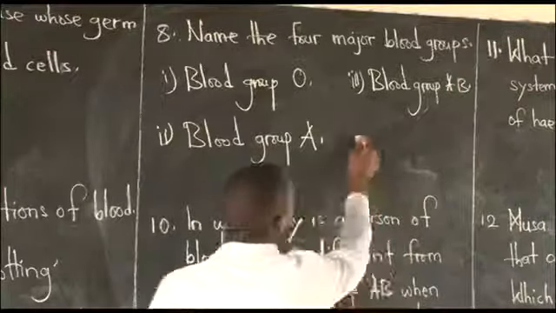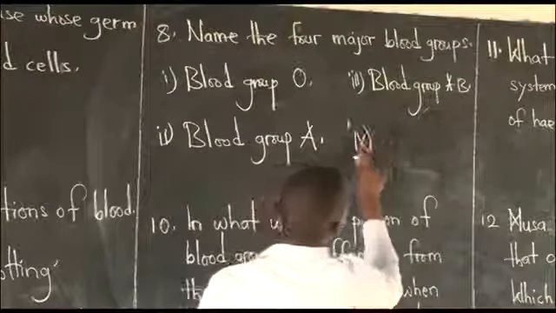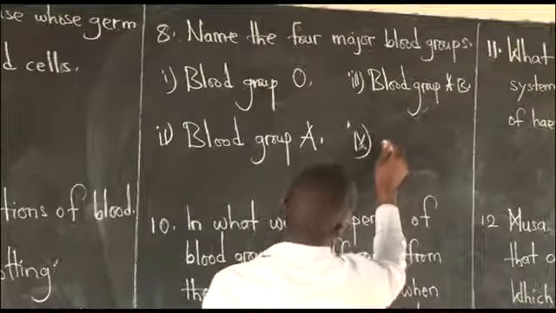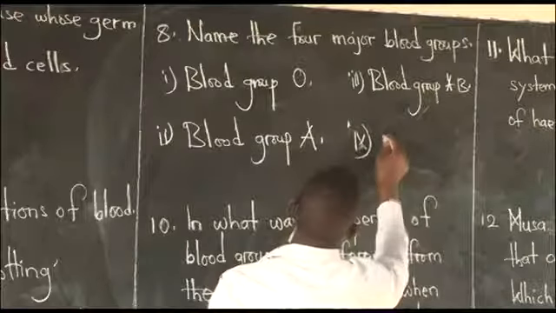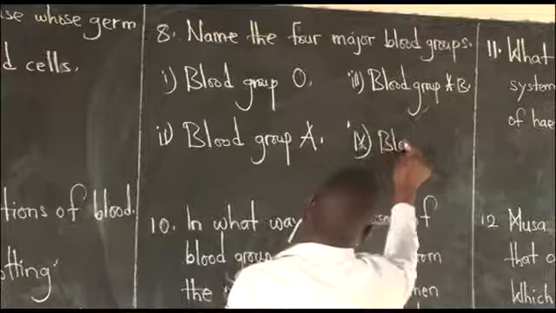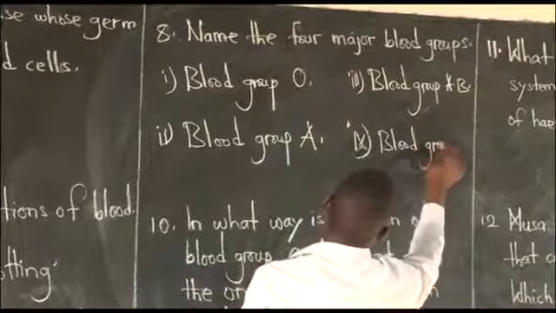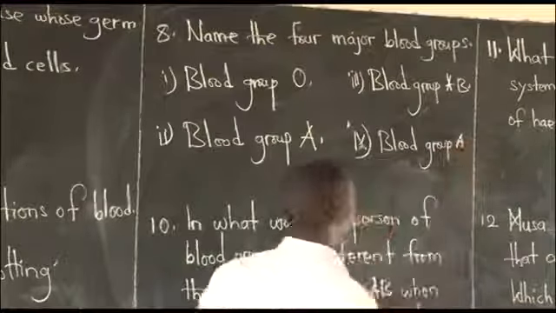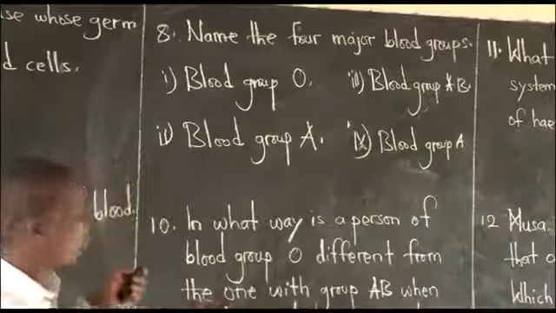And lastly, blood group A. So these are the 4 major blood groups.